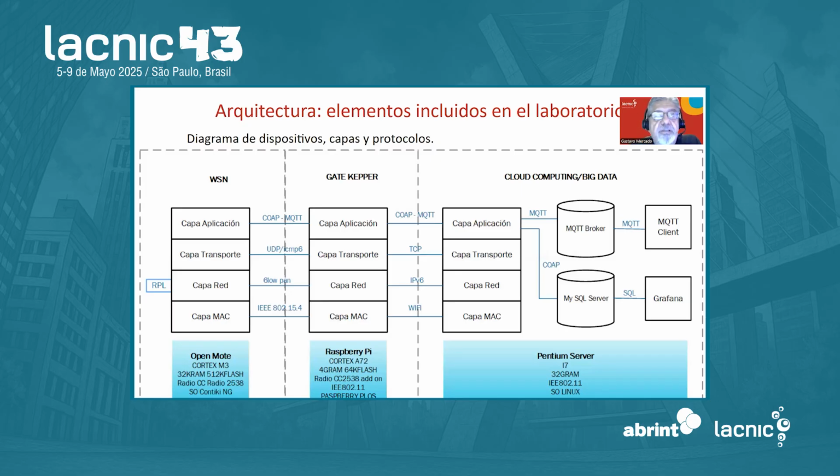As you see here, in these networks we use IPv6, and we also have a routing protocol called RPL. For the router, the so-called gatekeeper, we use a somewhat more powerful processor that has two interfaces because it's a router. On one side it goes to the wireless sensors, and on the other to the internet.